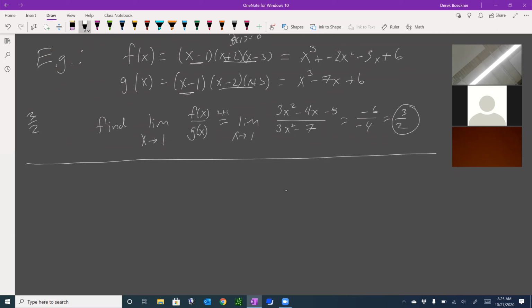Another thing about L'Hopital's rule is that you can make it work when the limits go to infinity as well, because you just kind of flip things around. So a sort of corollary: L'Hopital's rule for limits at infinity too.